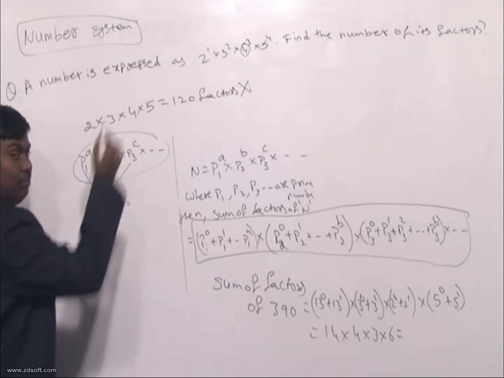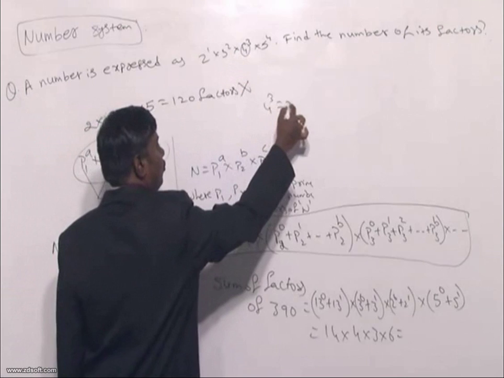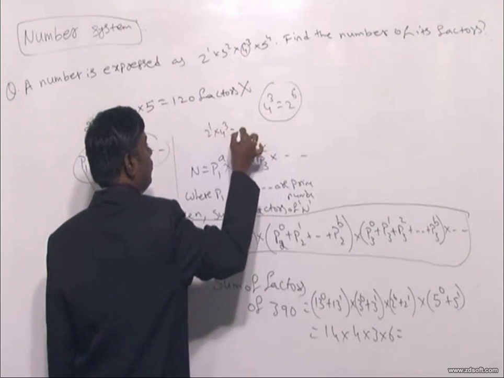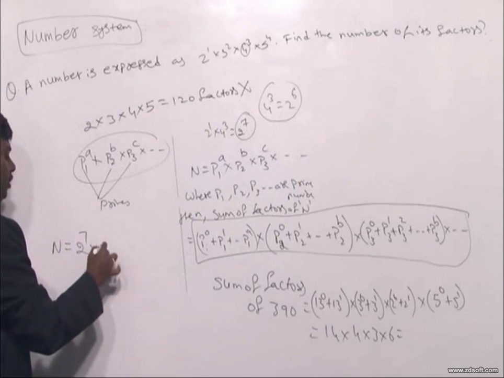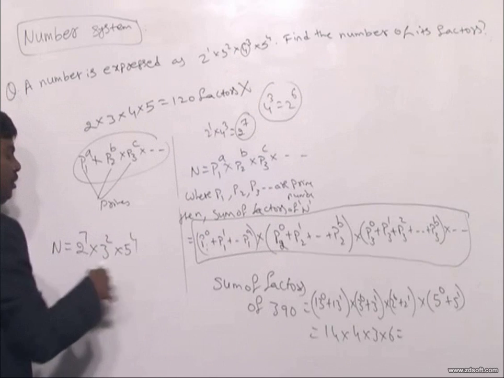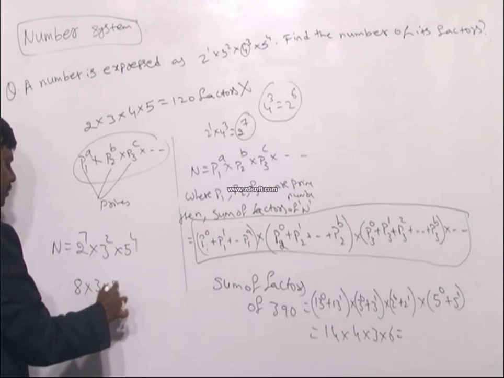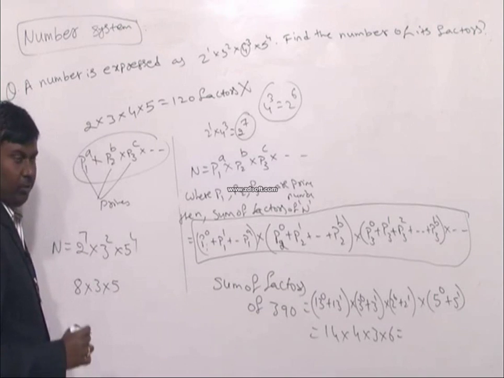So you have to convert it to prime factorization. If you convert to prime factorization, 4 power 3 is equal to 2 power 6, right? So 2 power 1 into 4 power 3 is 2 power 7. So the number is 2 power 7 into 3 power 2 into 5 power 4. So this number has how many factors? 8 into 3 into 5, right? 8 into 3 is 24, 24 into 5 is 120 factors.